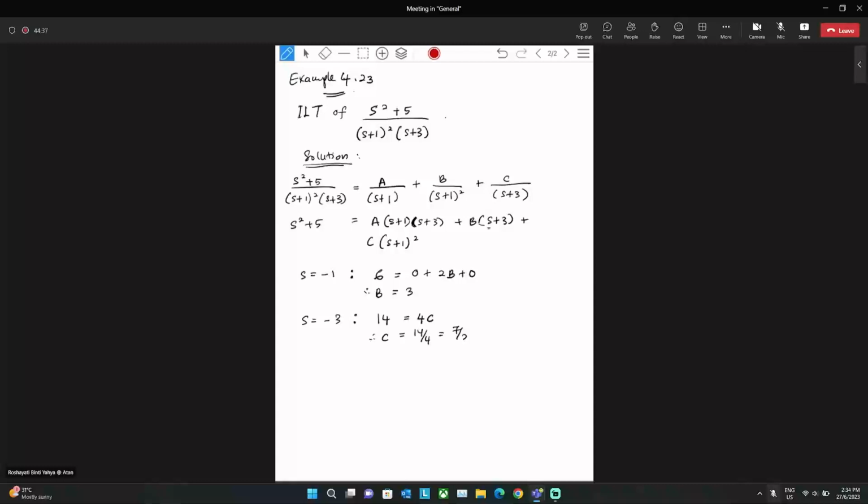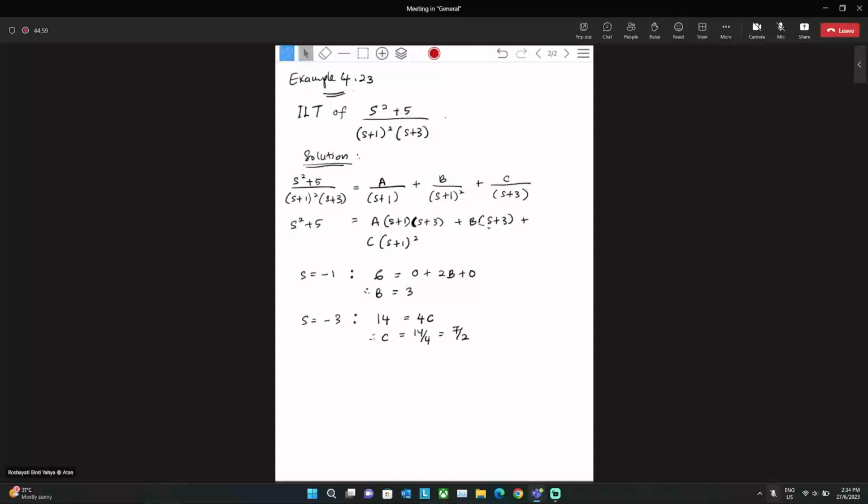And then for the remaining one, you can choose based on s squared, or you can choose the constant. Constant means s to the power of 0. You will get the same answer.